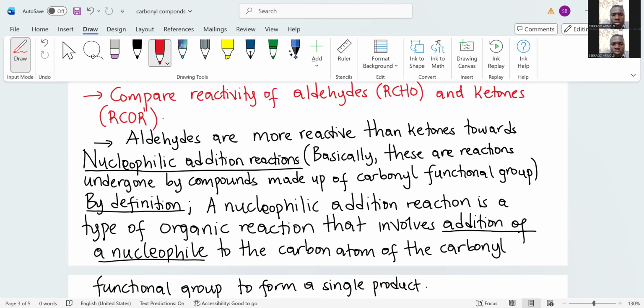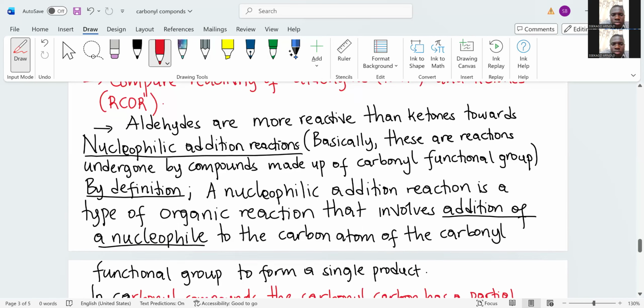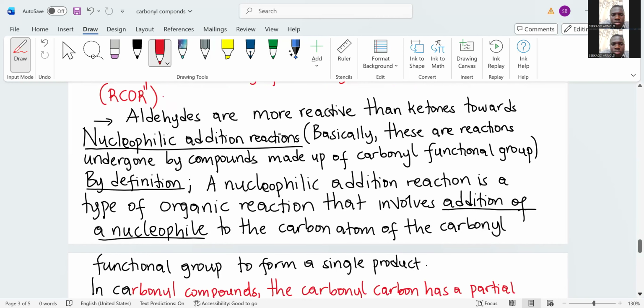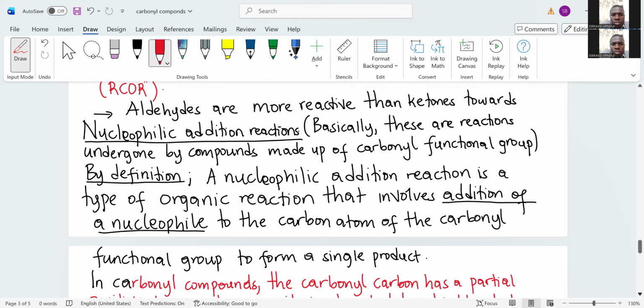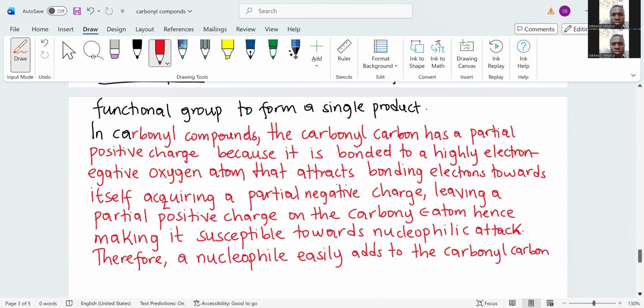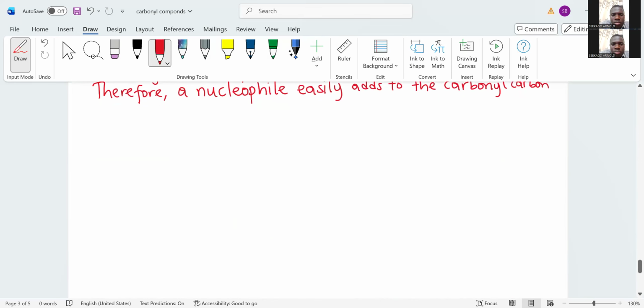Now we have to explore how nucleophilic addition reactions occur. So we need an illustration of this.